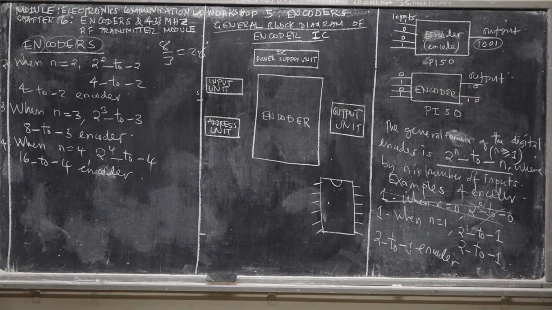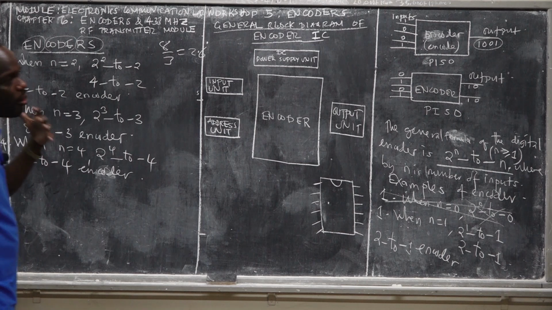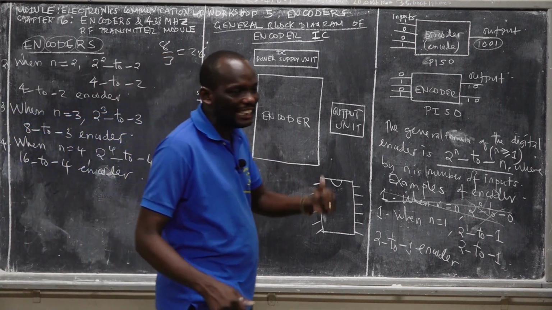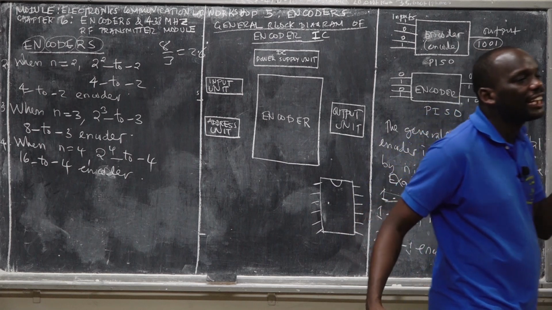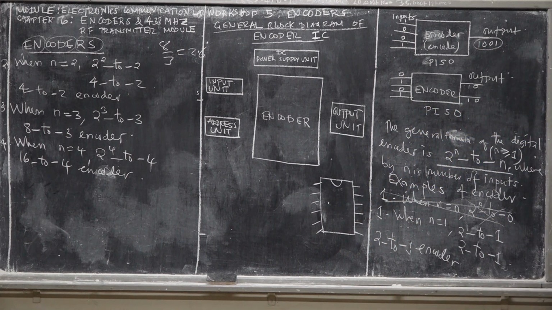It's not a discrete component like a resistor, a capacitor, a PN junction diode, an LED, a bipolar junction transistor, or a MOSFET. It's an integrated circuit. What does it mean? An integrated circuit is an electronic circuit that consists of different discrete electronic components that perform a particular function.